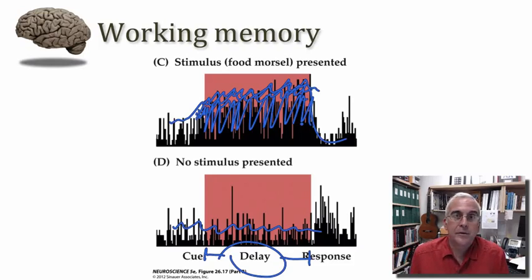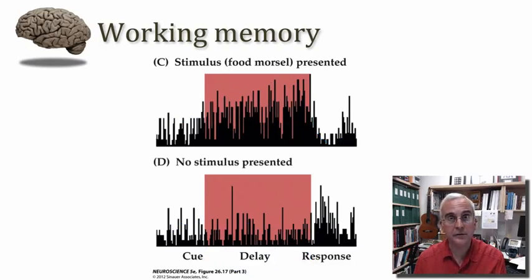Well, why should this be important? I think that much of our daily lives are actually guided by working memory tasks, such as this one. We may not often be retrieving a food reward after an imposed delay, but we're constantly planning for the future.